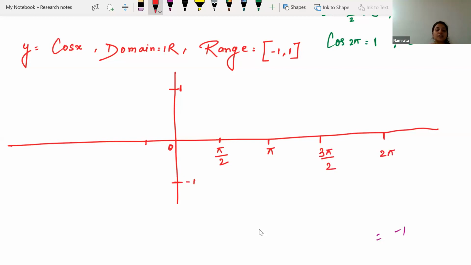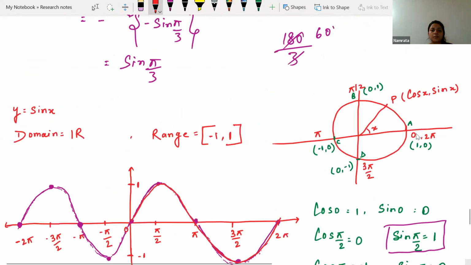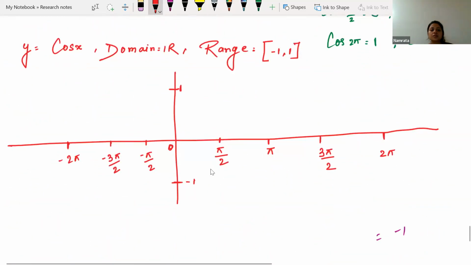Here also we are having -pi by 2, then -3 pi by 2, then -2 pi. Have we taken it properly? 0, pi by 2, pi, 3 pi by 2, 2 pi. Here the intervals I have not taken properly. Let me take it.